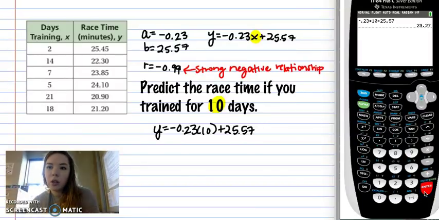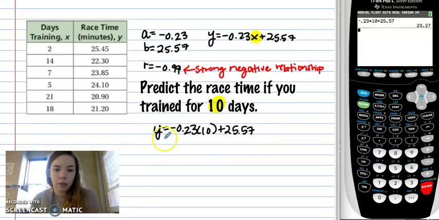And we get 23.27. So this means I've rounded, because I have rounded in here, 23.27 minutes. Okay, you want to label if you can. Okay, we're going to do one more.